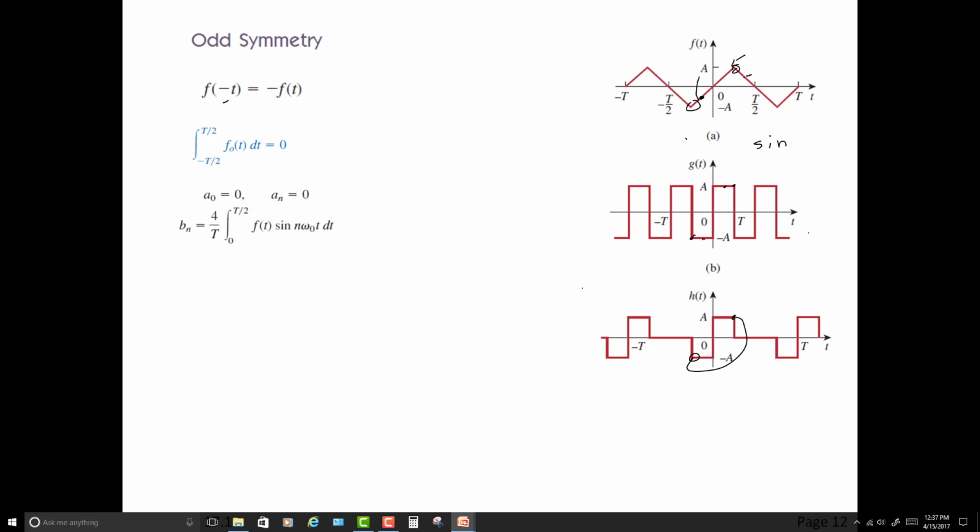So our a0 is going to be 0, right? That's what we're seeing here. And you can see that in every one of these cases. It does say our DC offset is going to be 0.